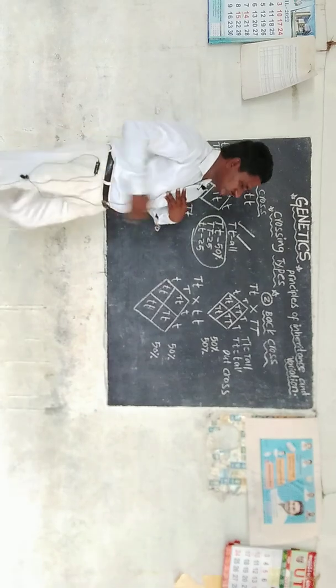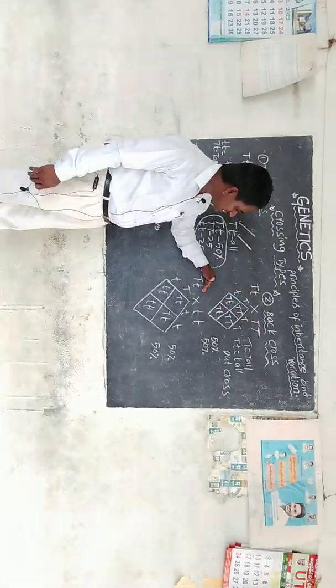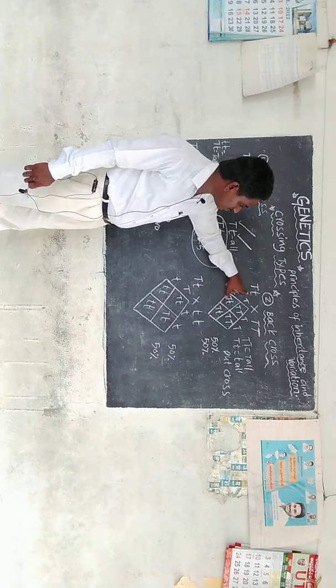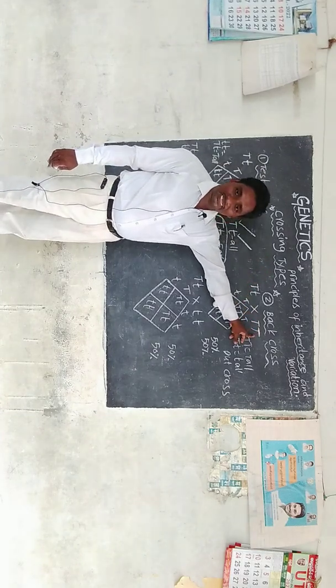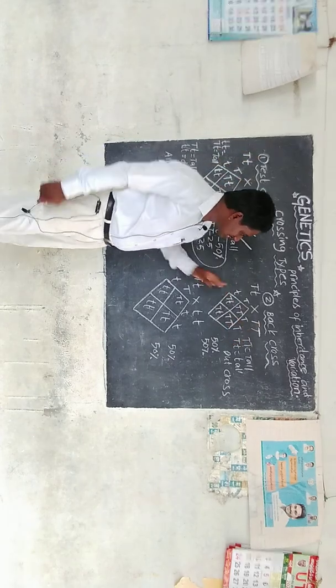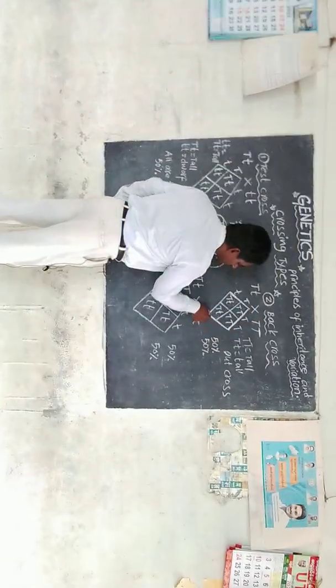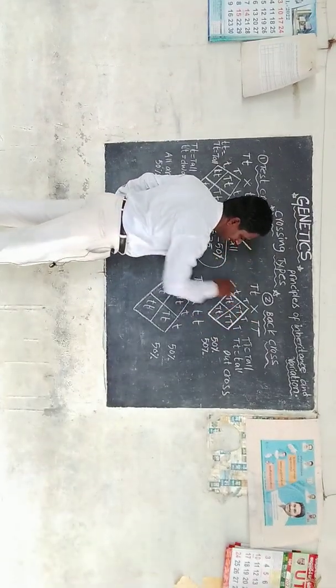I want to transfer the tallness of the plant to the next generation, that's why I cross capital T, small t with the parental character which has tallness of the plant.